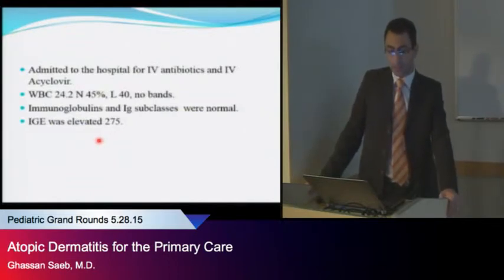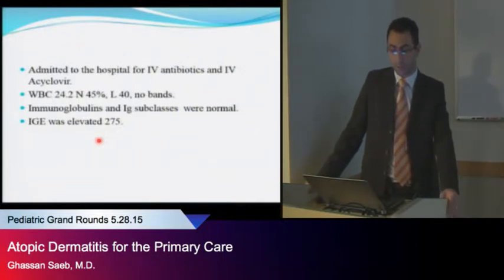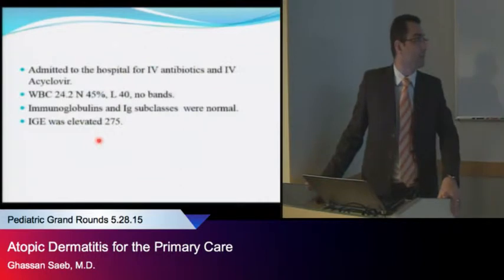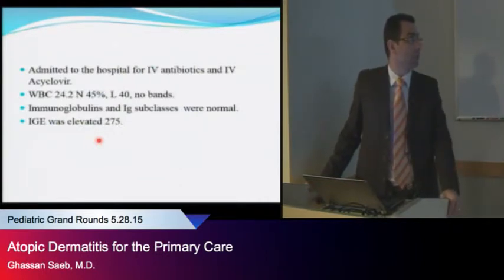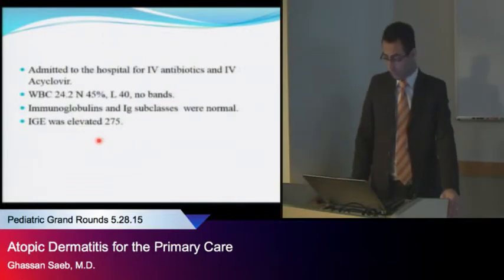White count that day was 24.2, up from 14, with 45% neutrophils, 40% lymphocytes, with no bands. During the hospital stay, she had immunoglobulin levels checked to look for immunodeficiency, and they were normal. IgE was elevated to 75.